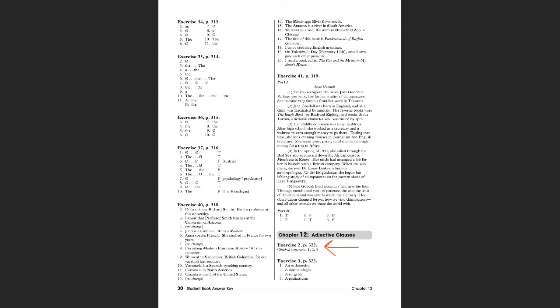So you need to check sentences 1, 2, and 5 to have complete sentences. Oh, okay, that one was easy. Let's go to exercise 5. Oh, we already did exercise 5.